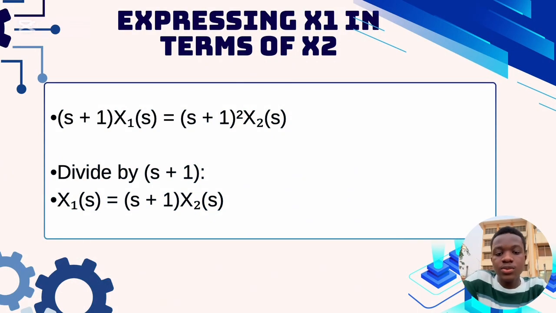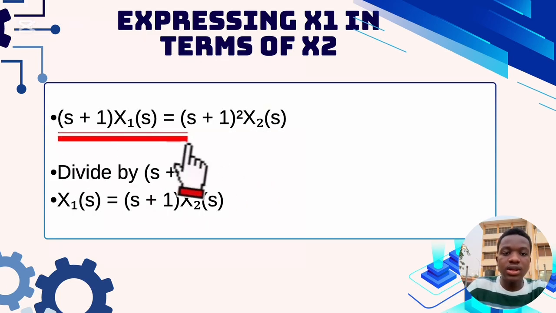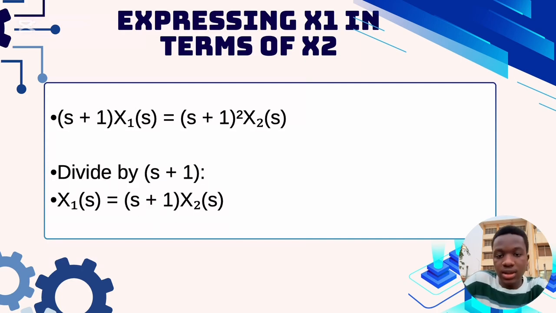Okay, so we have to express X1 in terms of X2. From the equation for mass 2, s plus 1 multiplying X1 of s is equal to s plus 1 squared multiplying X2 of s. We divide both sides by s plus 1, assuming s is not equal to -1.